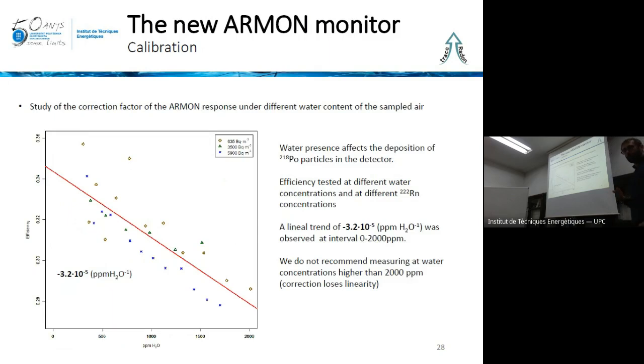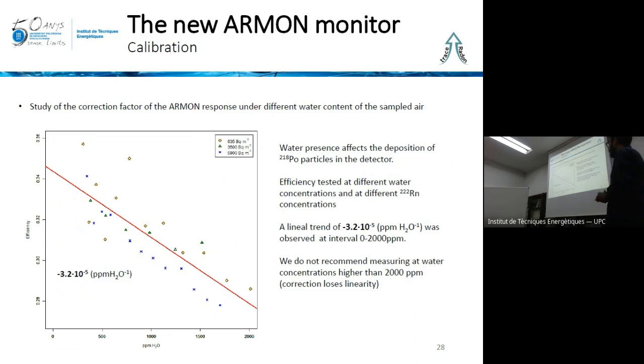We know that the efficiency of the instrument is affected by water presence, water vapor. High humidity lowers the efficiency because it reduces the number of polonium particles that reach the detector.